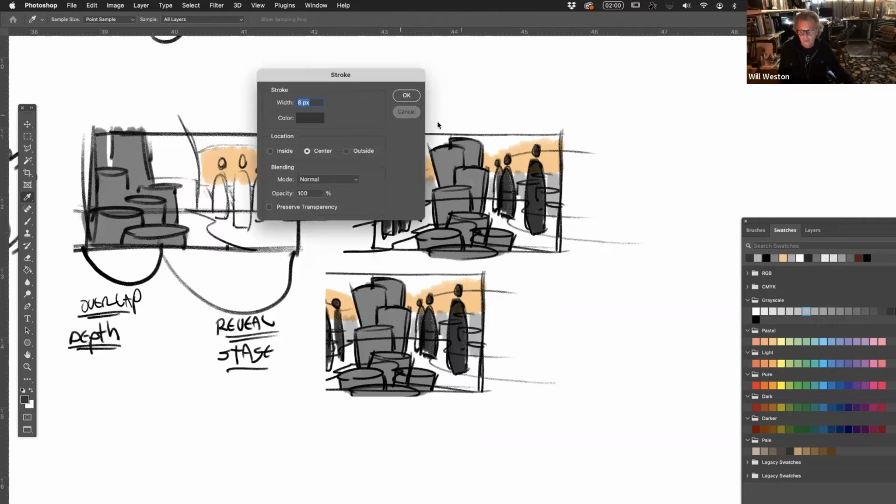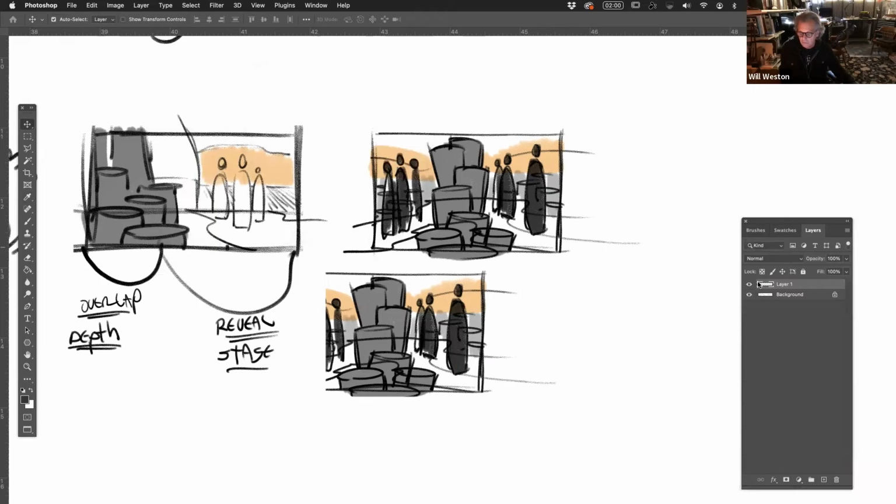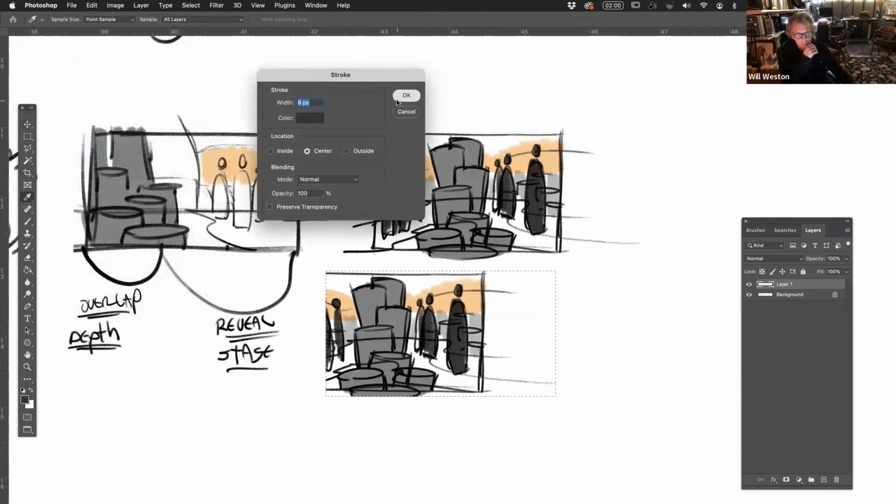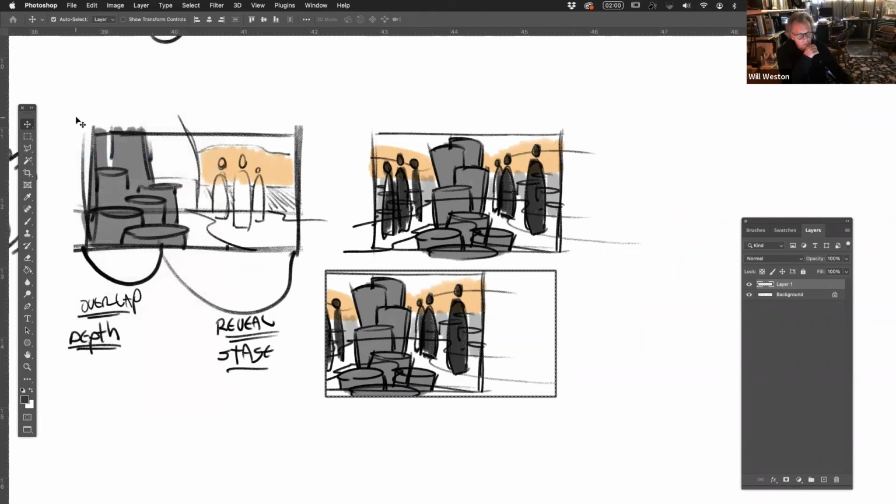Wait, cancel. I got to do something else. Okay. So now I've reframed the picture, and because it's off center, I've improved it for my purposes, because I can go in here now.